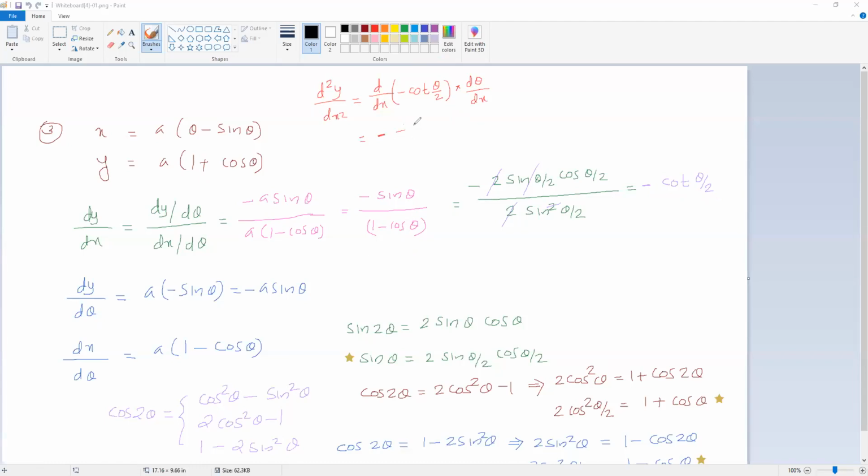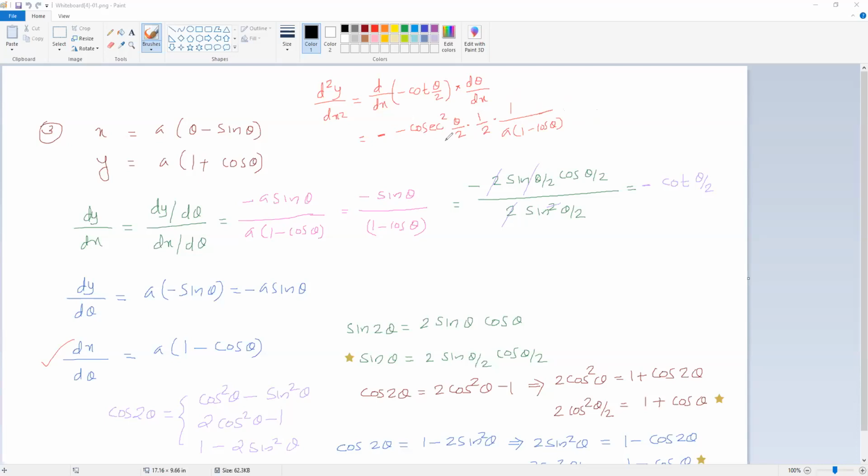So it is minus cosecant square of theta by 2. Instead of x it was theta by 2, so its derivative is 1 by 2, then into d theta by dx. d theta by dx is the reciprocal of dx by d theta, so this becomes 1 by a into 1 minus cos theta.